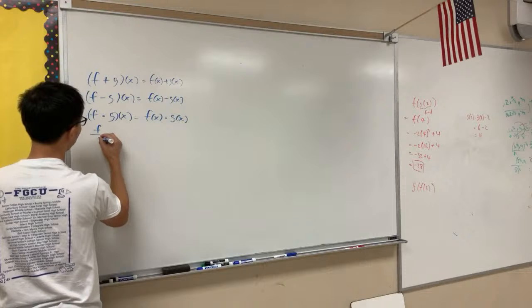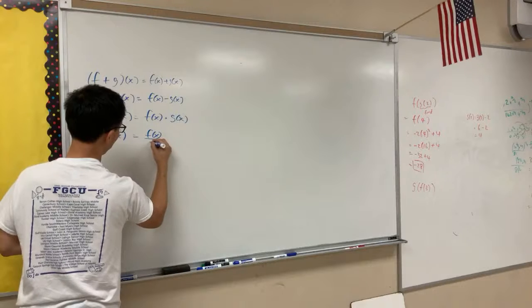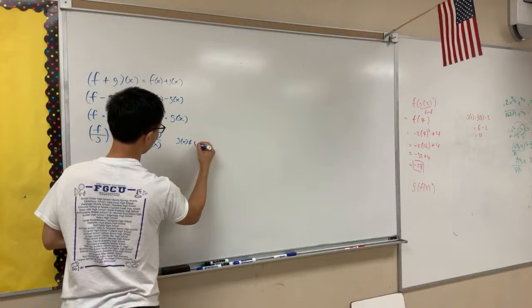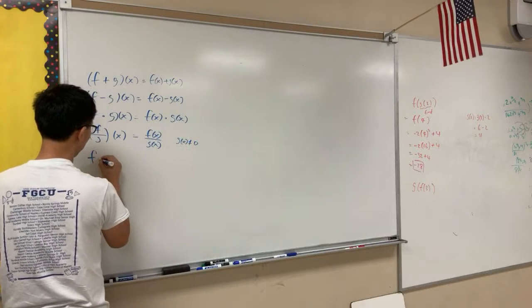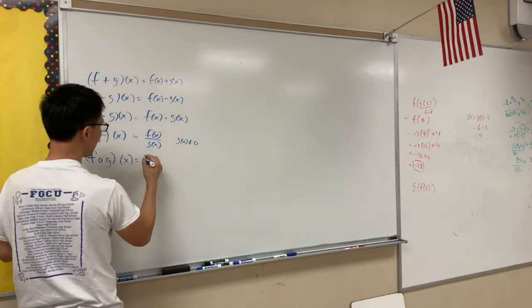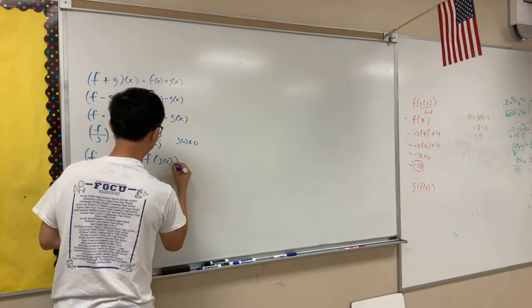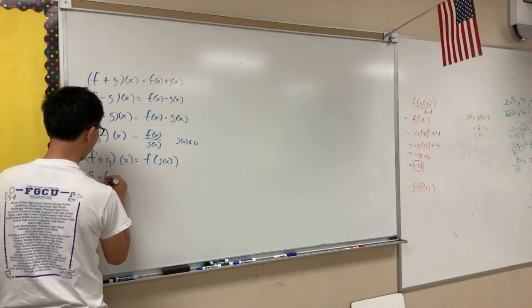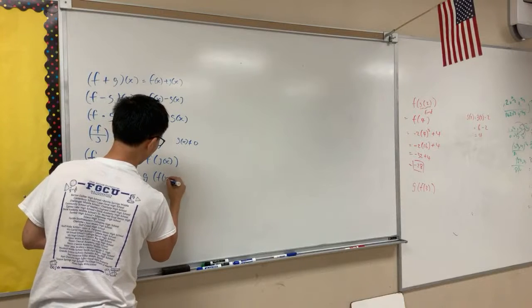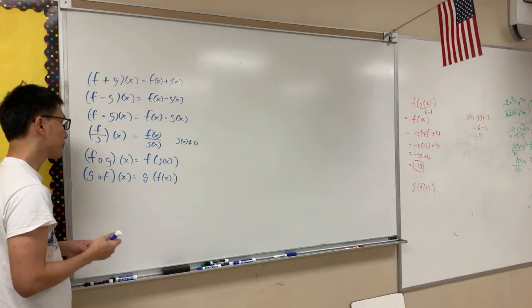And then we got f over g of x is equal to f of x over g of x, but g of x cannot equal 0, we already know that. We have f of g of x, those are composite functions. So it's f of g of x and g of f of x. Okay, so those are all the operations.